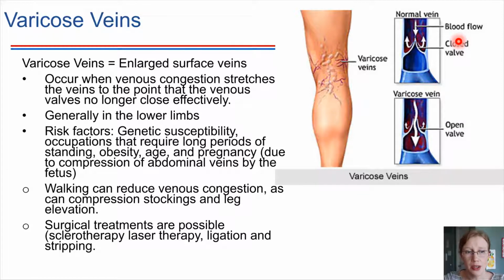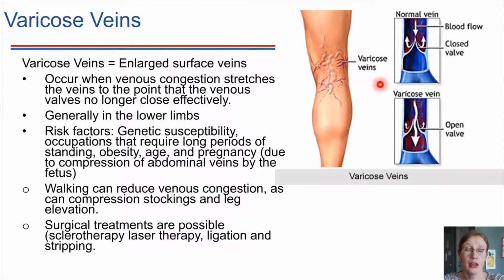So when that happens, if the valve is no longer able to close off completely, then we tend to get blood just kind of pooling in certain sections of the vein. So instead of being partitioned into little sections, it all just kind of falls to one region in the vein, and it ends up looking kind of bulgy on the surface. So these are varicose veins.